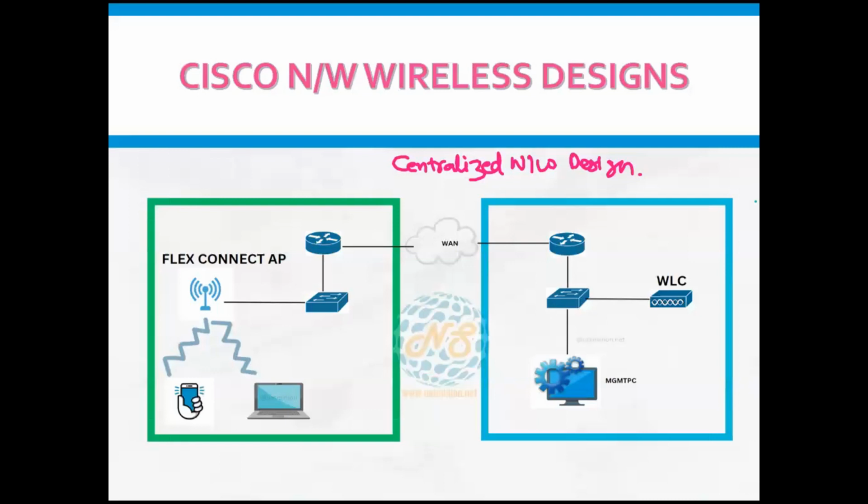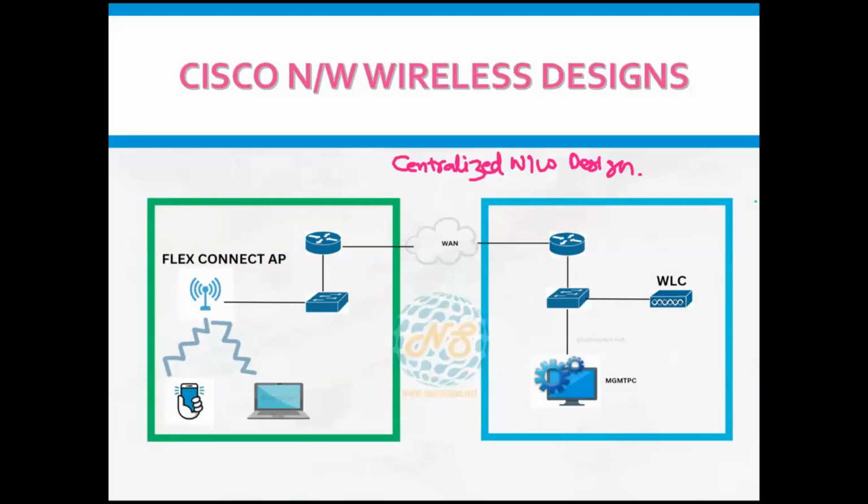You can place your Cisco 5500 series, 3800 series controller, or 3500 if you have a small organization. It is well used when the controller and all the access points are in the same site.